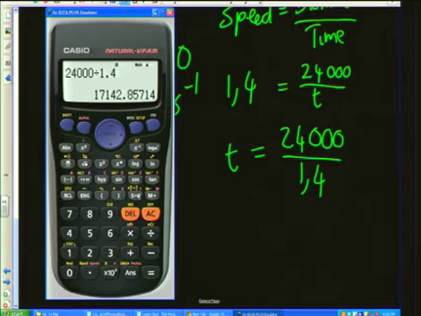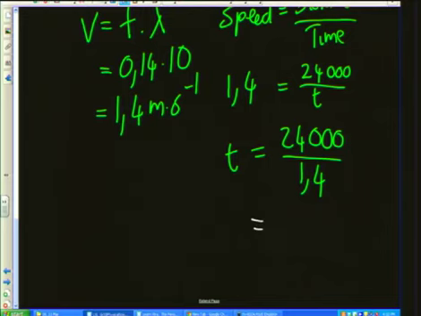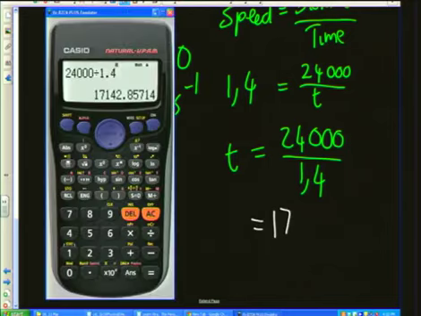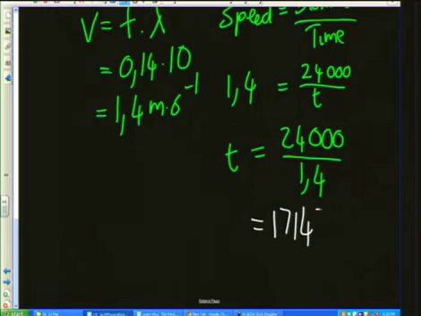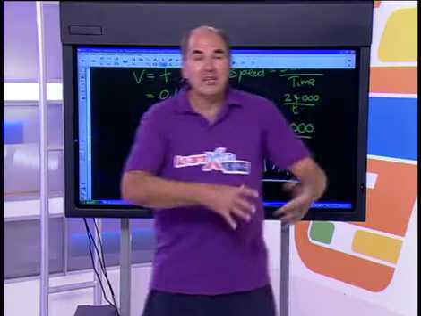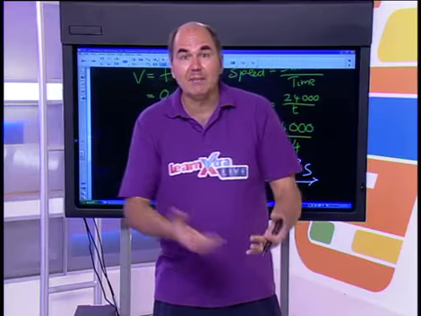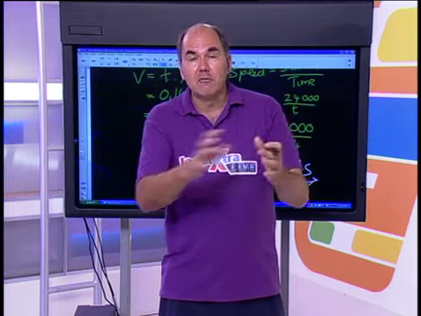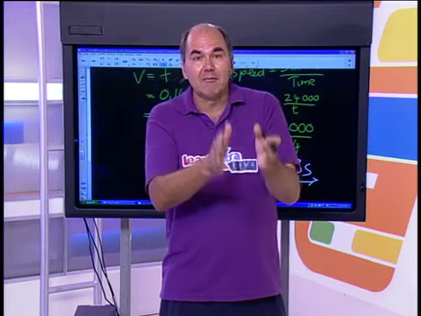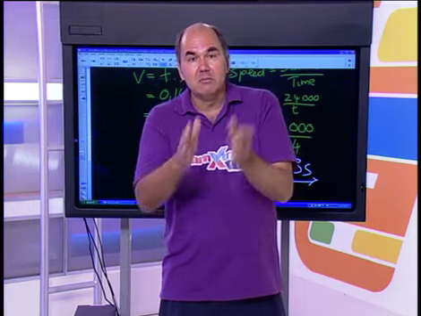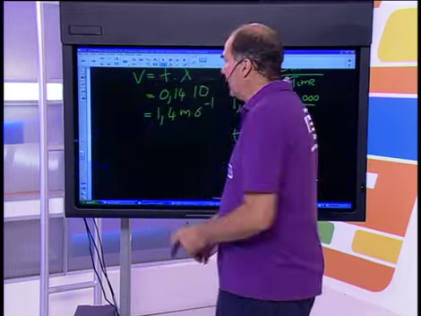I'm going to round it up to 17143 because it's in seconds. Notice this time is in seconds. 17143 seconds. Now you can leave it like that, or you can change it to minutes and hours, but you divide by 60, and don't leave it as a decimal. Make sure you convert properly. Some calculators have conversions from seconds to minutes to hours, and you can do it quite quickly.